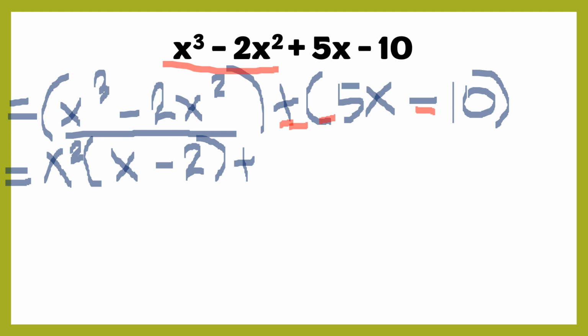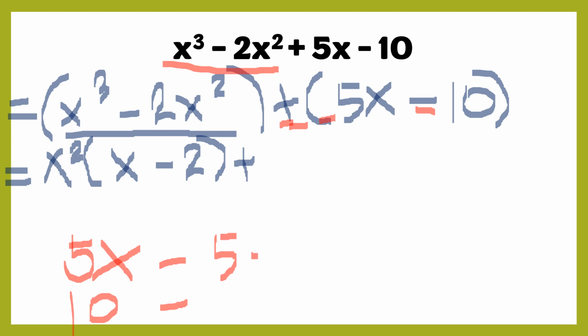For the second binomial, the first term is 5x. And we have the second term 10. 5 and 10, its greatest common factor is 5. If you have 5 divided by 5, the answer is 1. And then we have here x. If you have 10 divided by 5, the answer is 2.